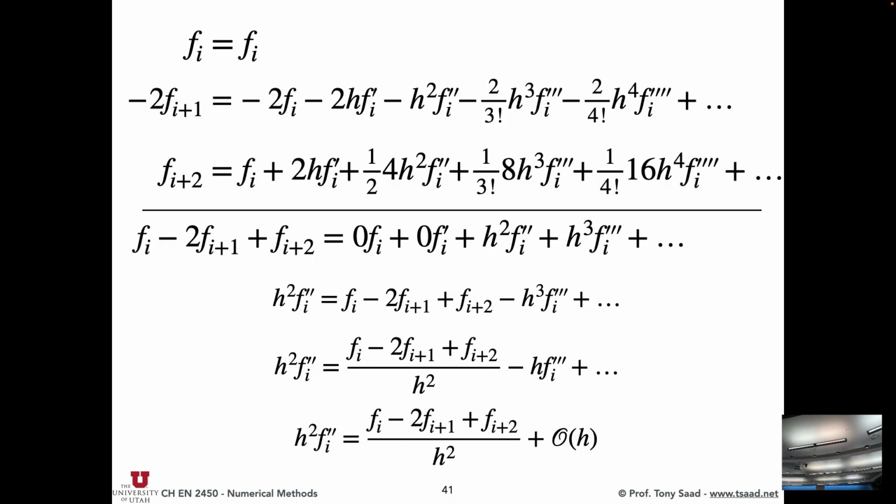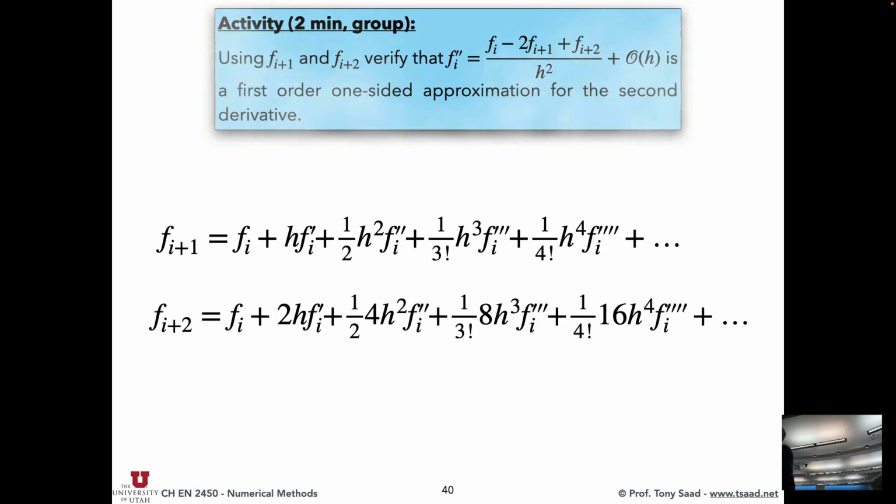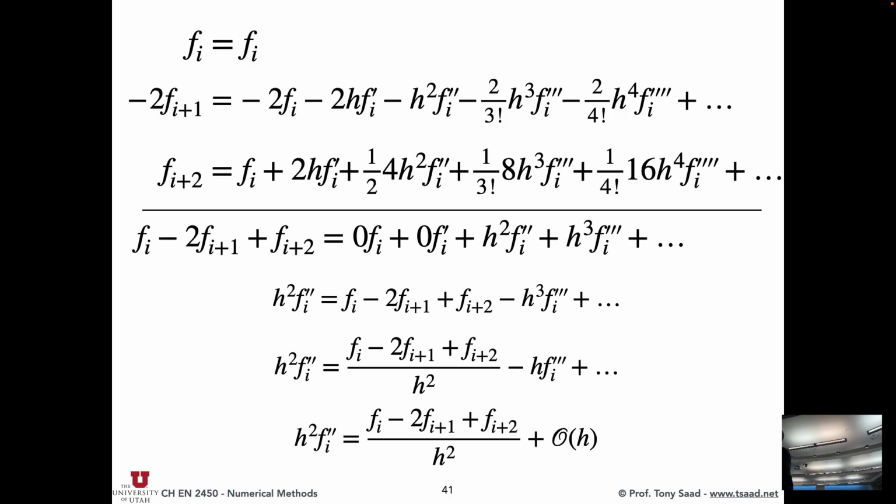f(i) is f(i). So remember that formula. Where was it? It was f(i) minus 2f(i+1) plus f(i+2) over h squared. That was an approximation, a forward approximation for the second derivative. So f(i) is f(i). Minus 2f(i+1) is the Taylor series of f(i+1) multiplied by minus 2.